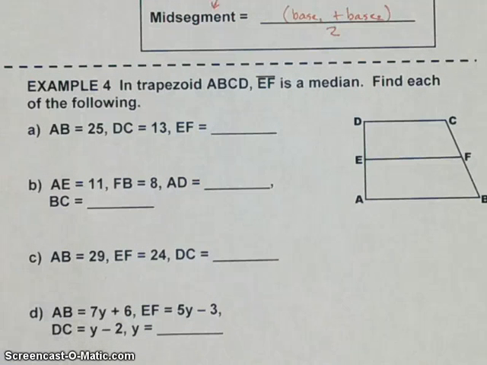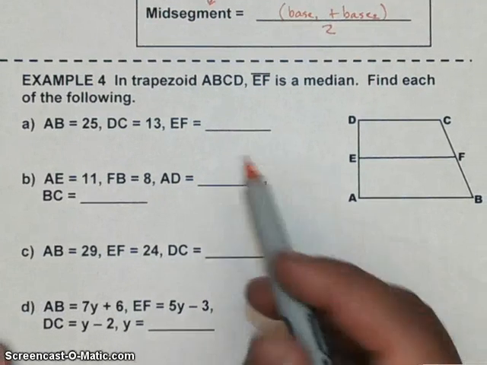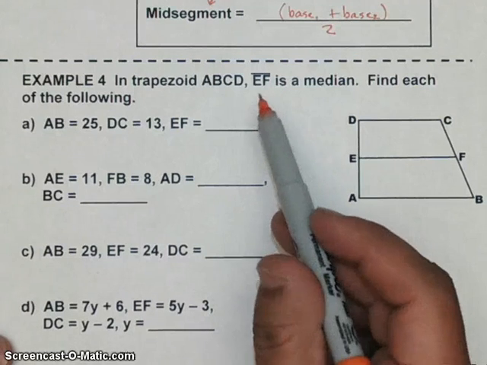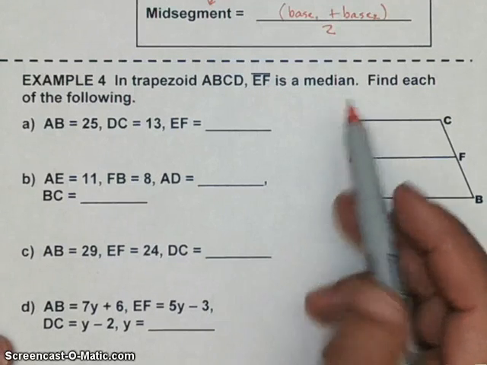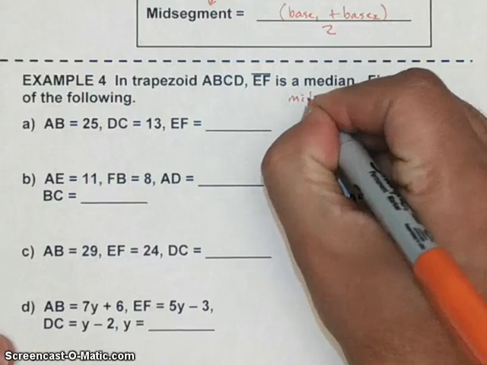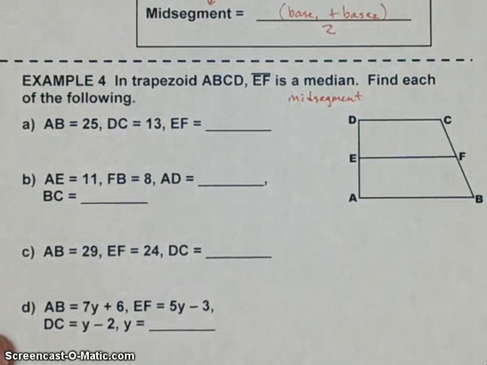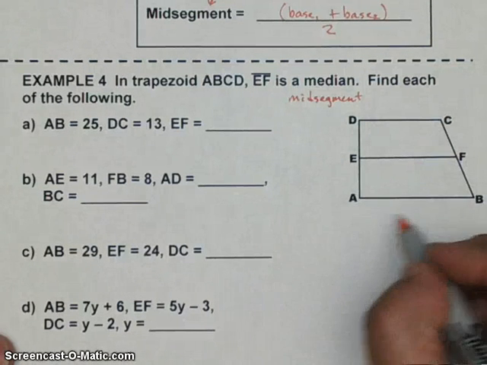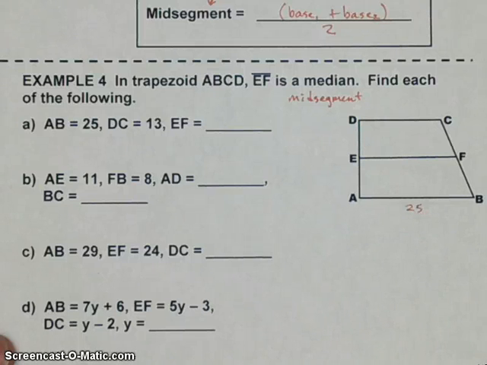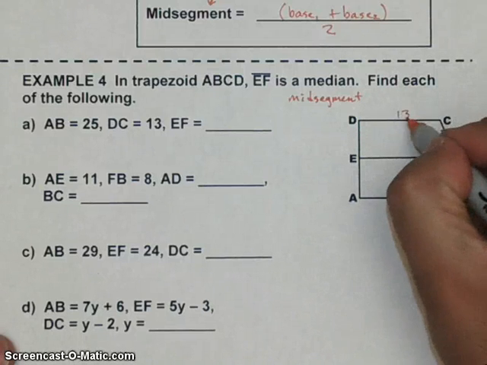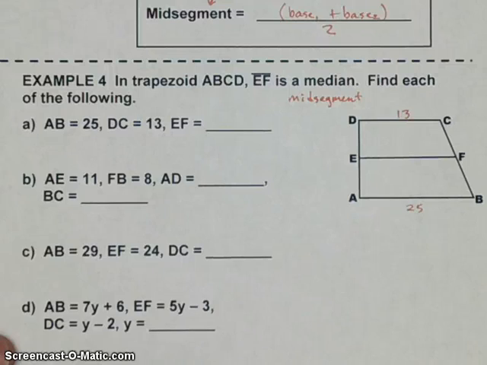All right, so let's look at an example. We have a trapezoid, and segment EF is the median. Remember that I could also call it the midsegment. And we want to find each of the following. All right, so if AB is 25 and DC is 13, I want to find EF.